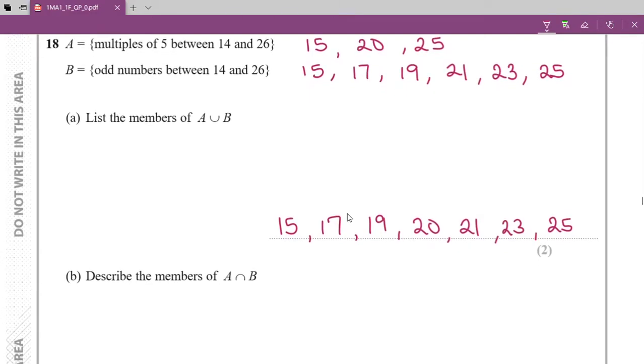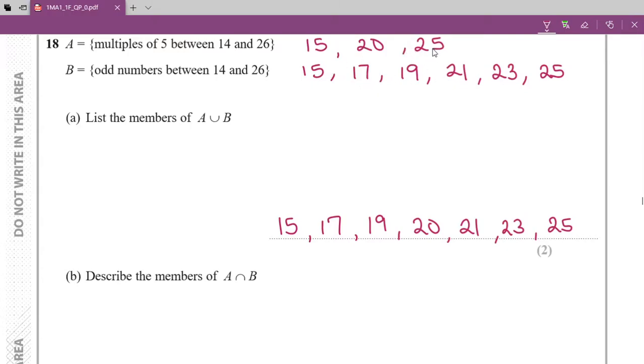For question B, it says describe the members of A intersection B. Now the intersection of A and B is a set of numbers that are both in set A and also in set B. Now if you look at the elements, you can really see that you got 15 here and 15 here. 20, we don't have 20 anywhere here.